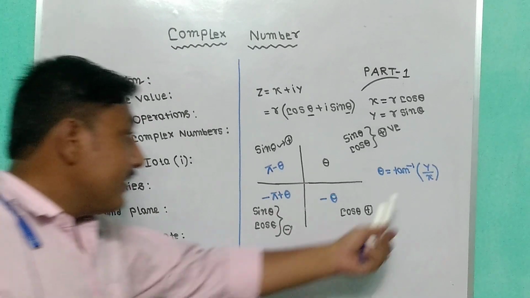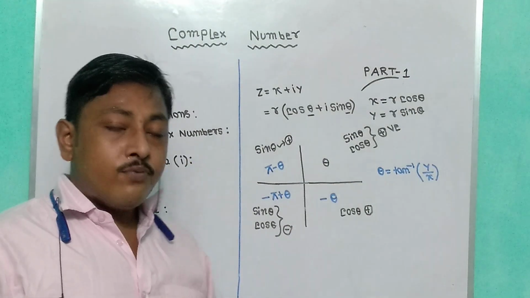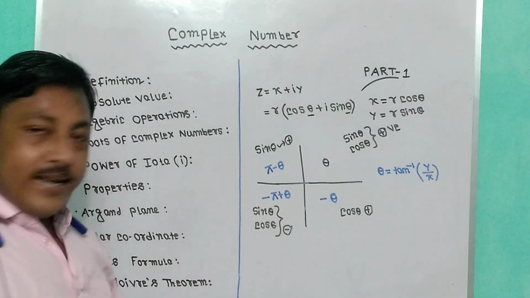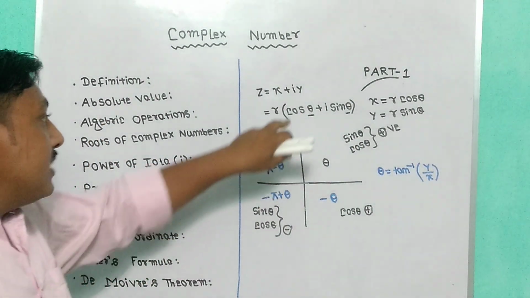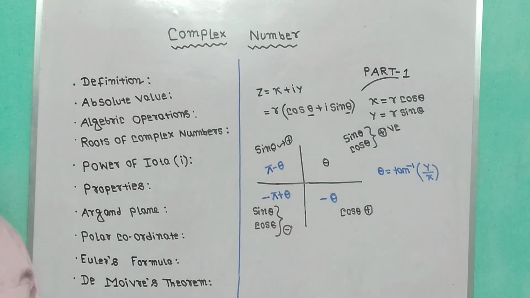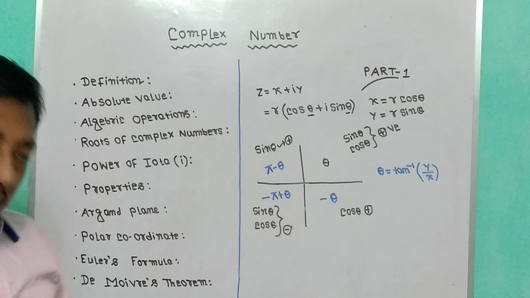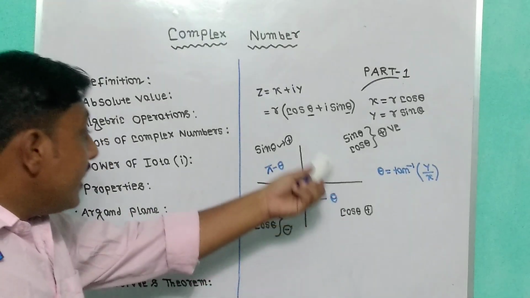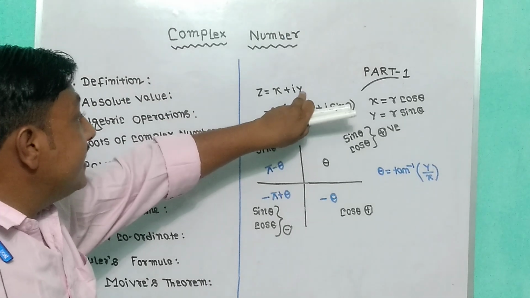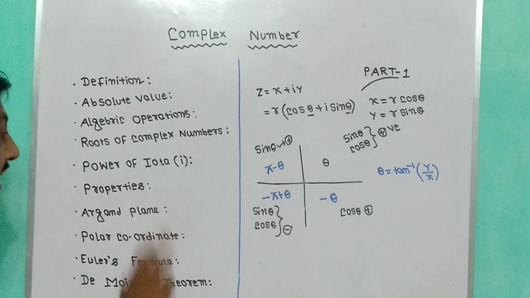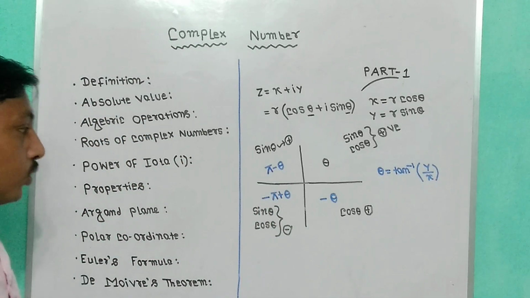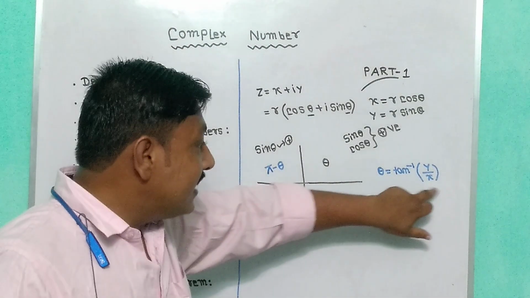You can solve this type of problem in Cartesian method and also polar coordinate method. So at first you have to see that x and y, these two points lie in which quadrant. Suppose x is positive, y is negative. That means this quadrant, so you find the theta's value.